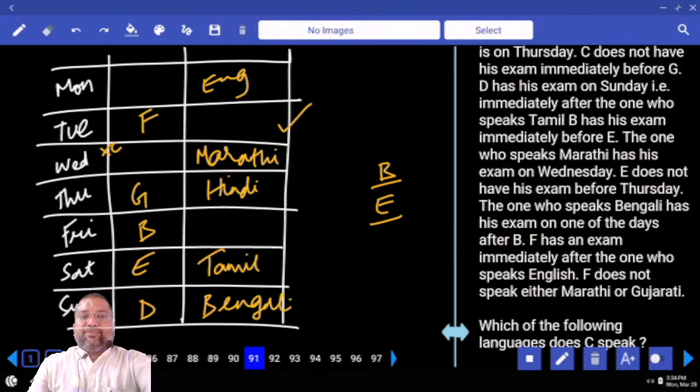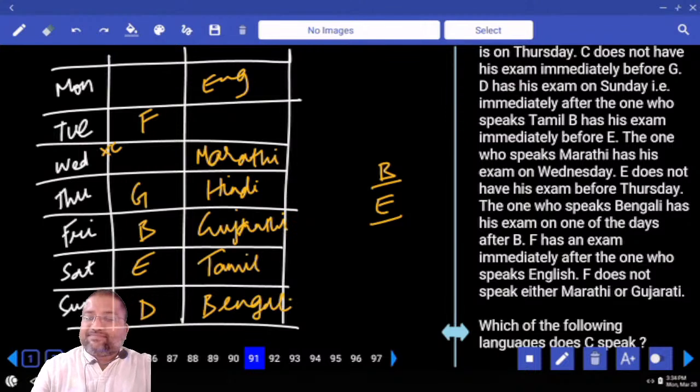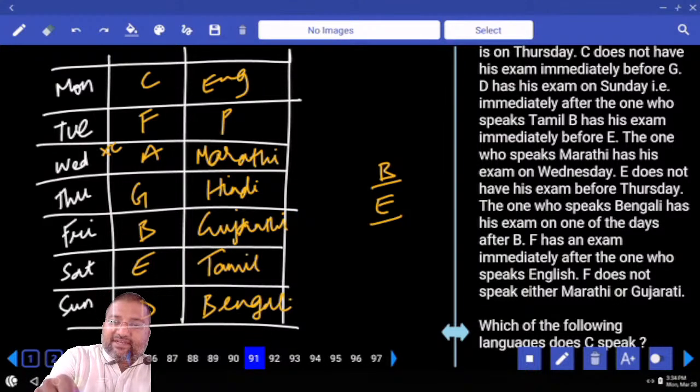No, because F does not speak Marathi, and F is also not speaking Gujarati, so this should be Gujarati. This is C. And who is left out? A. There is one language left out, Punjabi.